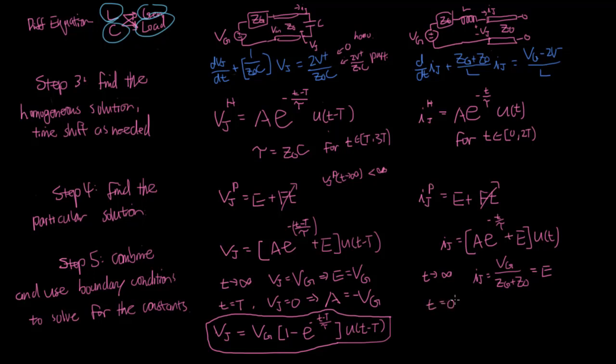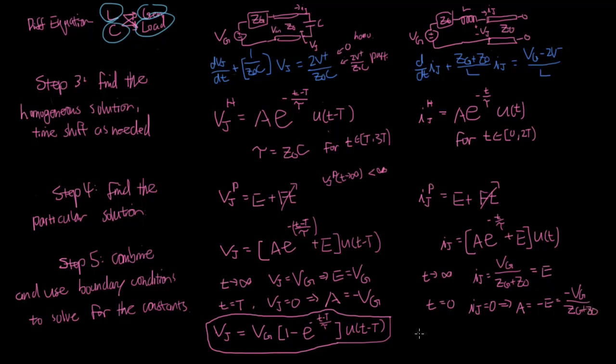Similarly, when t is equal to 0, when it first turns on, this inductor looks like an open, and so Ij is going to be equal to 0. In order for that to happen, A is going to be equal to negative E, which is equal to minus Vg over Zg plus Z0.